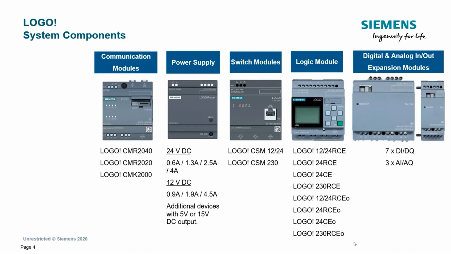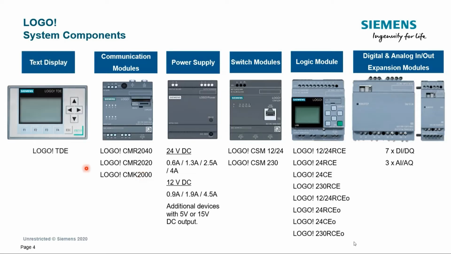And we have several communication expansion options with Logo as well, for connecting to mobile network, for remote monitoring and control, and also we have another communication module for connecting Logo into the KNX network, usually found in building automation.